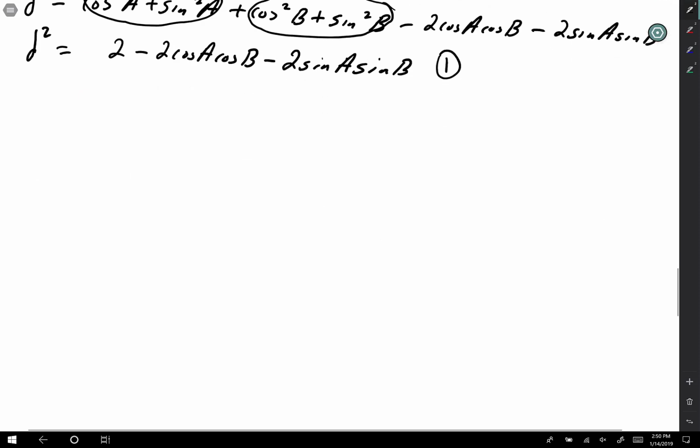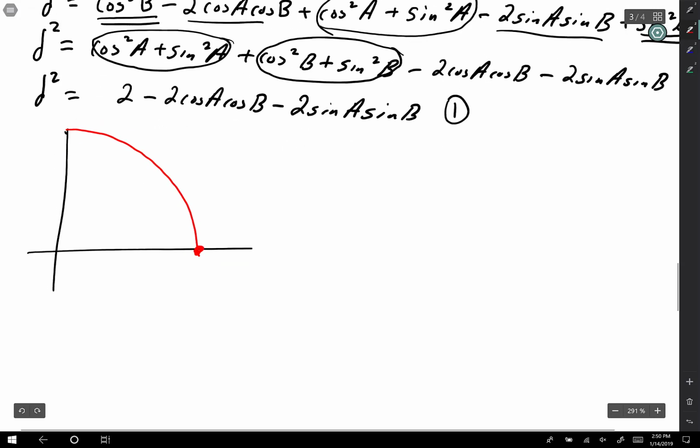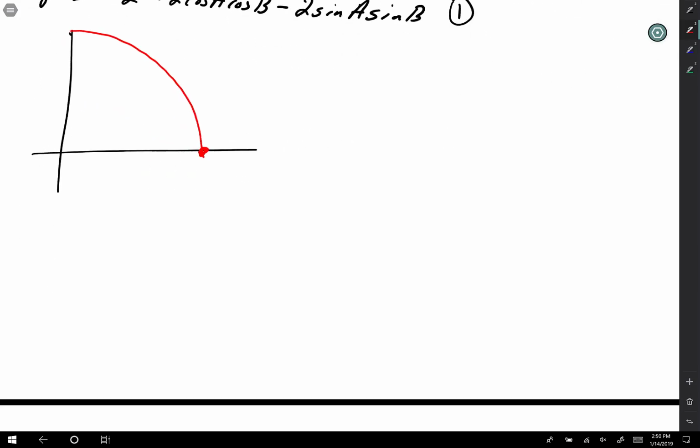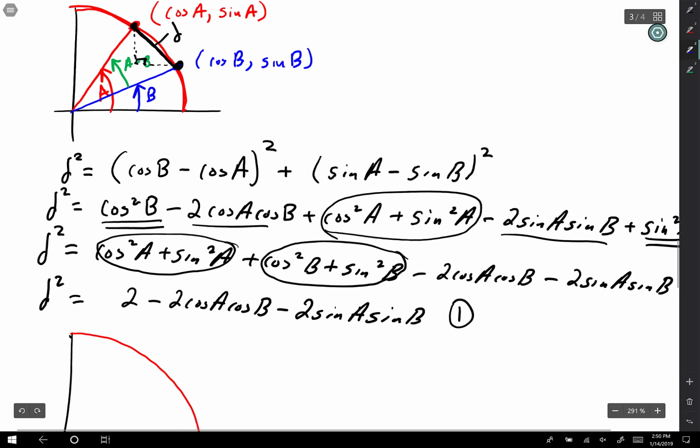All right, so I'm going to do again the same thing. Here's my grid, and I'm going to draw the unit circle again. Equation 1. Here is the blue, and I used red here.